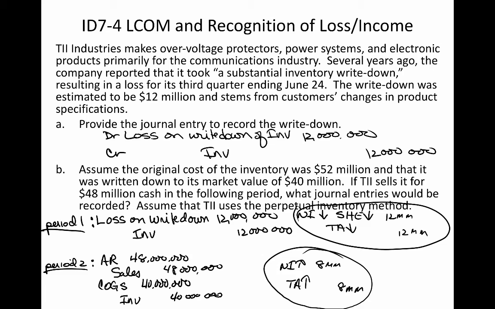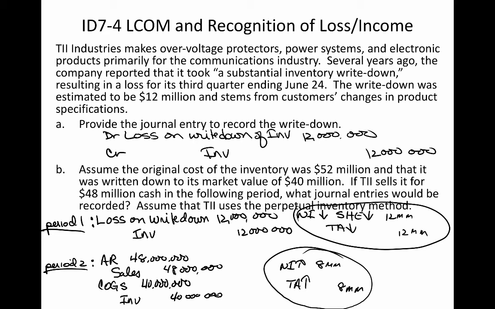So notice in the year of write-down, they said, oh, inventory is worth $12 million less because it's obsolete, we're changing, we just don't need it anymore. So in Part A, how we wrote it down in year 1, we debited the loss, which shows up on the income statement, and we credited inventory, which made our current assets go down.